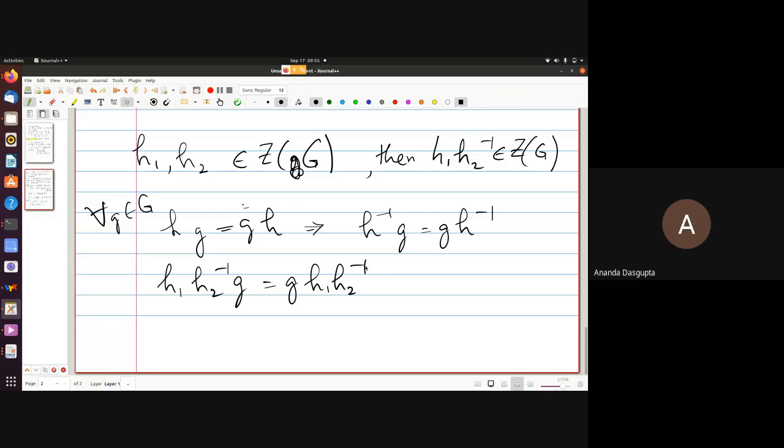I will leave you to fill in the gaps here, but this essentially proves that Z(G) is a subgroup of G. So it's not just a subset; it's a subgroup. In fact, it's more in the sense that it's a normal subgroup.